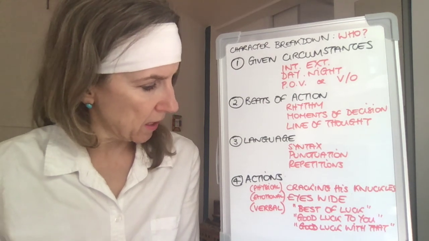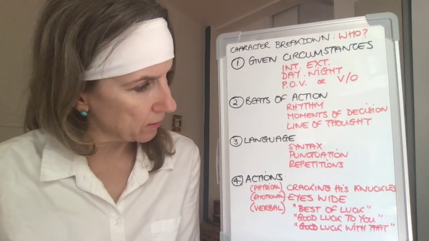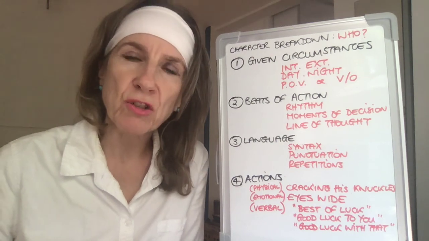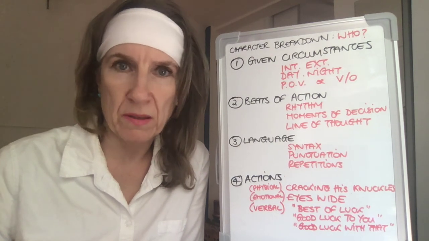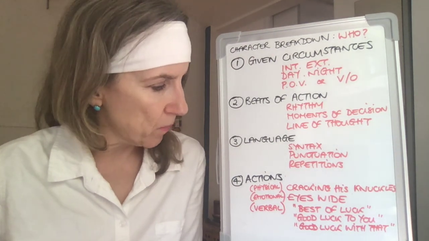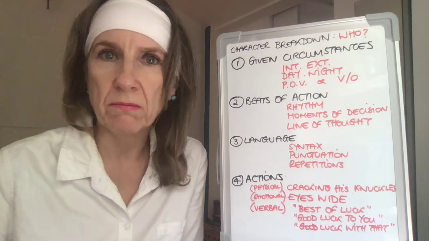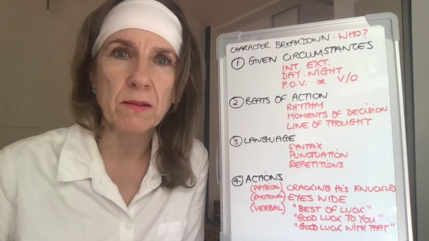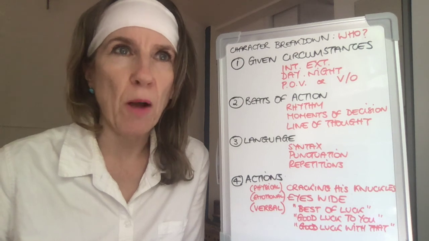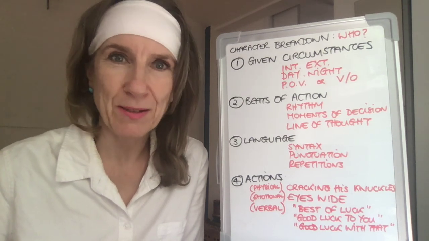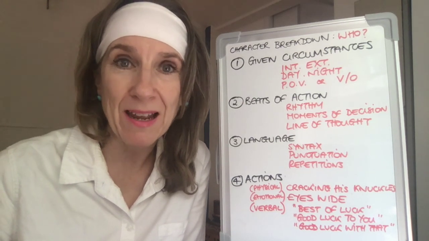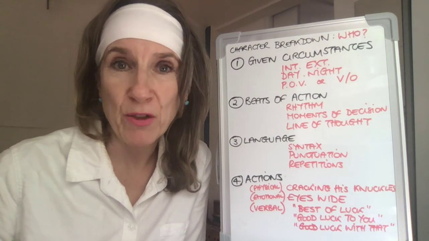The final thing I look at is actions. Some of these are going to be scripted into the script itself. So they could be physical actions such as cracking his knuckles or sharpening the knife or something equally dramatic, or something very mundane, putting the silverware in the drawer.